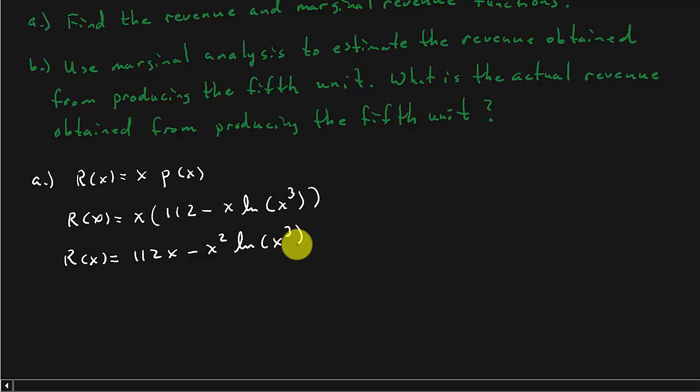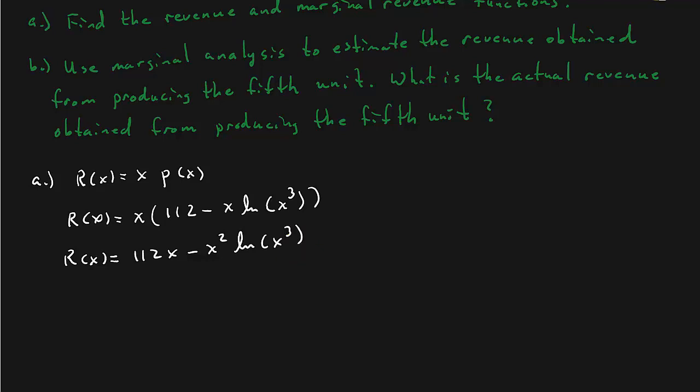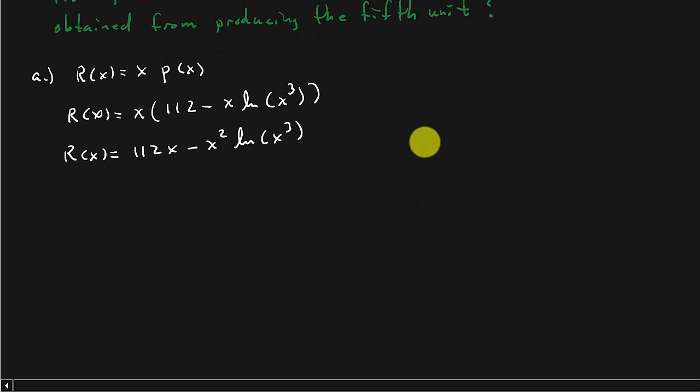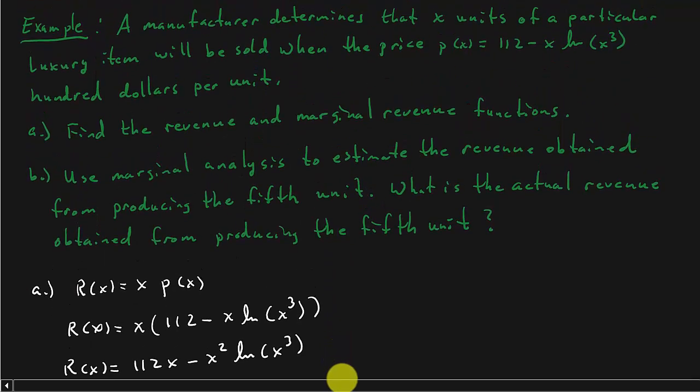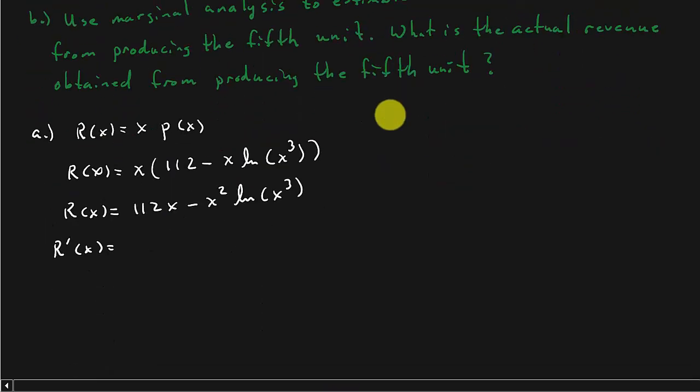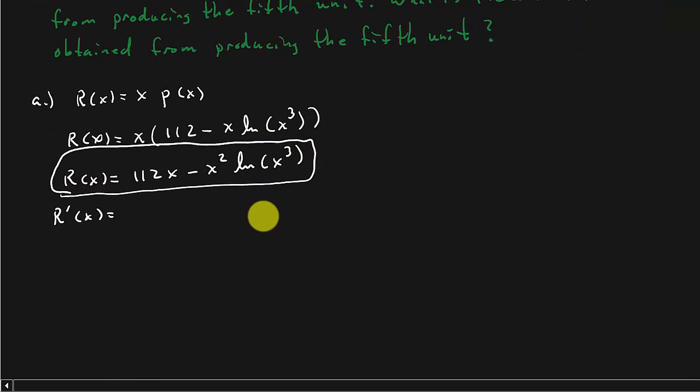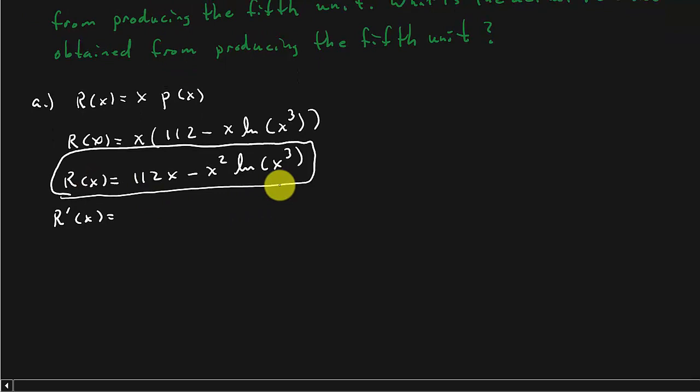All right, so we've got to take the derivative of this thing. So we've got r prime of x. Well, for one thing, it says find the revenue and marginal revenue. So this would be your revenue. Now the marginal revenue, we take the derivative. Well, that's 112, that's the derivative of that, minus, now let's put this in a bracket, minus the derivative of this.